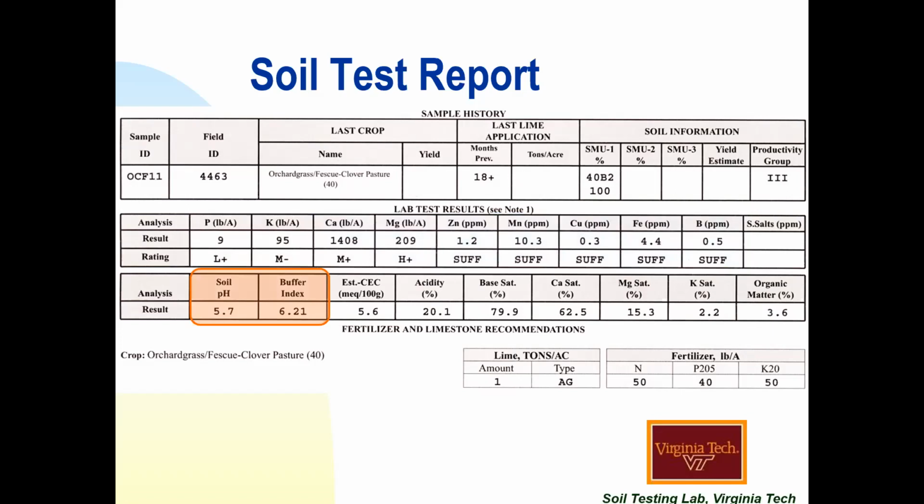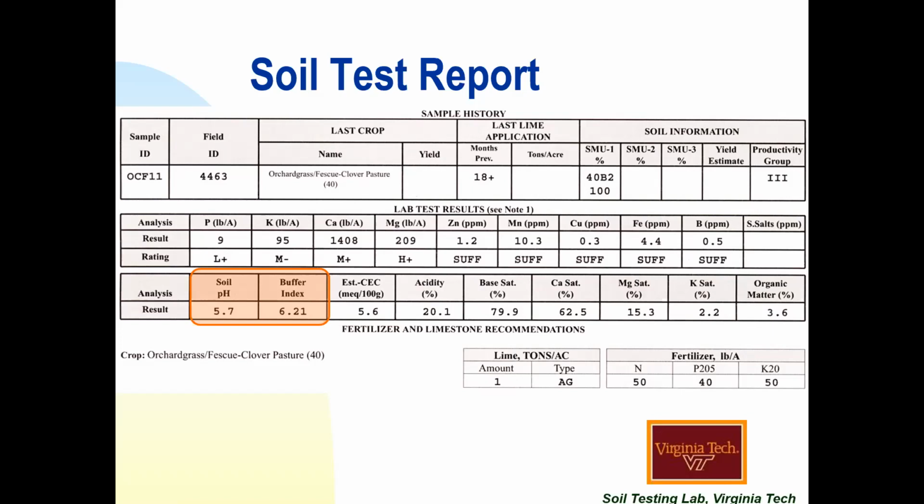We get lots of questions about the soil pH. When I started at Virginia Tech 14 years ago, we just implemented the buffer index. Initially, it was called the buffer pH because it is a pH, and it was confusing people that we had a soil pH and the buffer pH. So the soil pH is actually the pH of the soil. The buffer pH, now called the buffer index, we add a salty solution, a buffer solution that starts at a pH of 6.6.